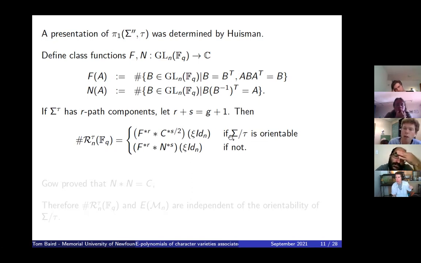Take the convolution product, then evaluate it at this matrix. And if it's not orientable, you do something similar, where you take a convolution of copies of F and copies of N, and then evaluate it at the central matrix that defines our character variety.